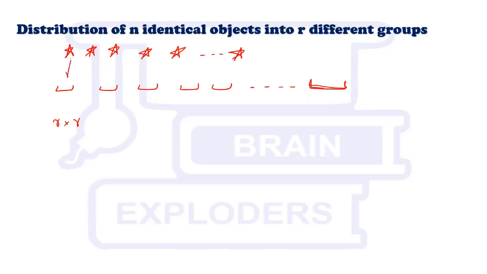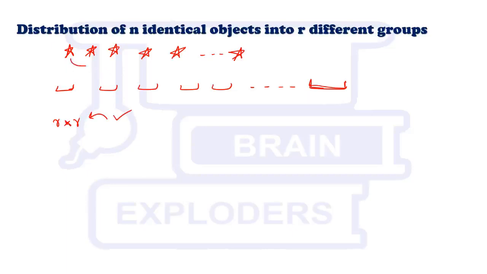First we said that the first star can go in any of the groups. So suppose the first star goes in the first group and the second star goes in the second group, and we have taken this into consideration in our r times r.